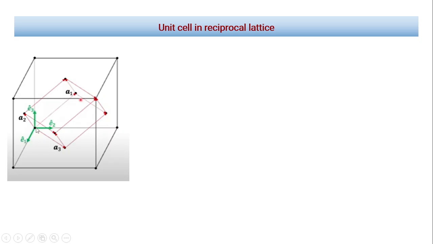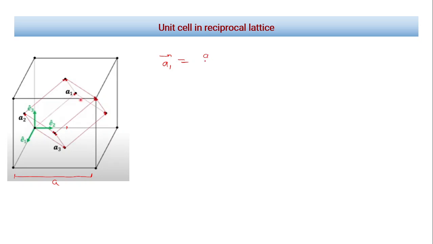If E1, E2, E3 are my basis vectors for this conventional unit cell, then to reach A1, I need to move half, because this is again A, and this is cubic, so all are A. I need to move half along E2 direction.